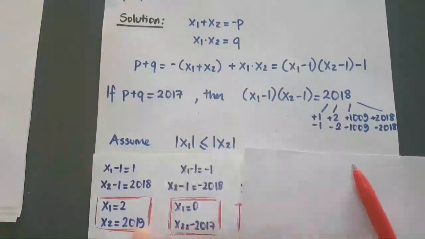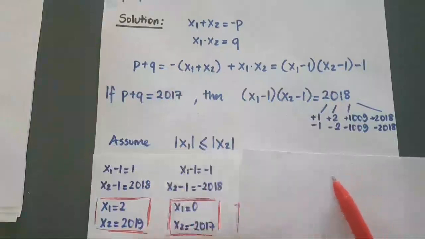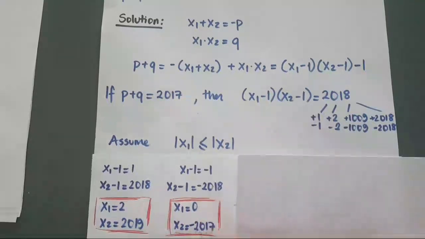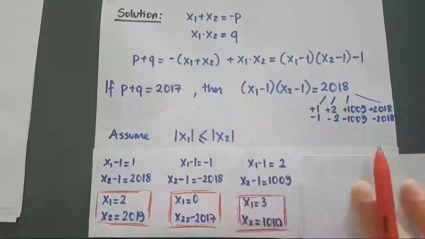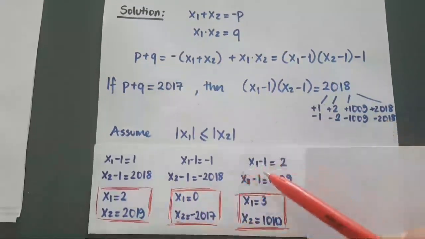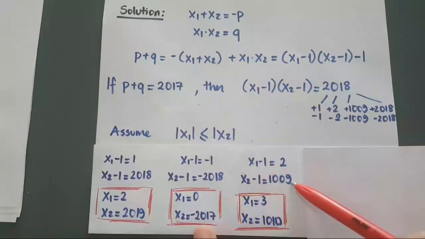From the second case, x1 minus 1 is minus 1 and x2 minus 1 is minus 2018. So in this case, x1 is going to be 0 and x2 is going to be negative 2017. From the third case, x1 minus 1 is 2 and x2 minus 1 is 1009.